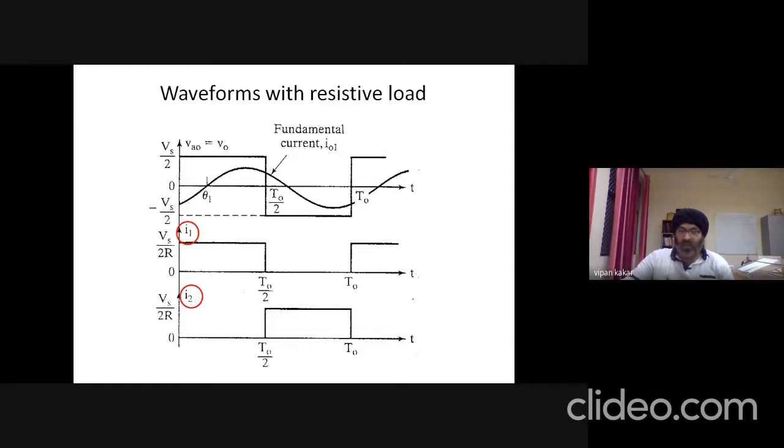And now when switch Q1 is off, the current in switch Q2 will be flowing, having the value Vs divided by 2R. Because Vs by 2 is the voltage across the load, divided by that resistive load, we get the current. So alternatively, we get the current in both the switches.